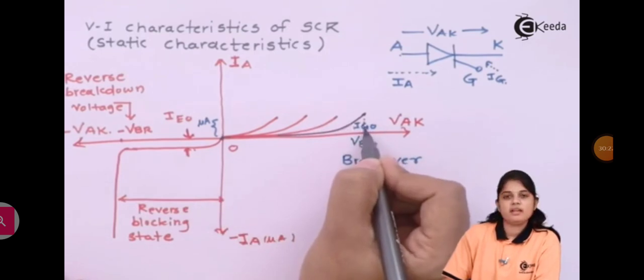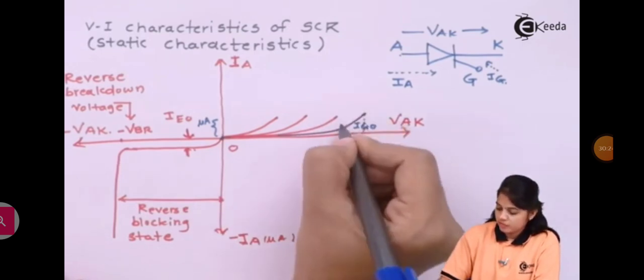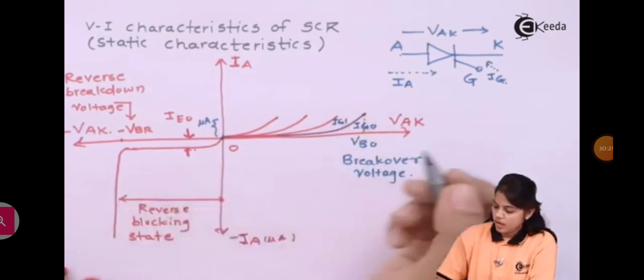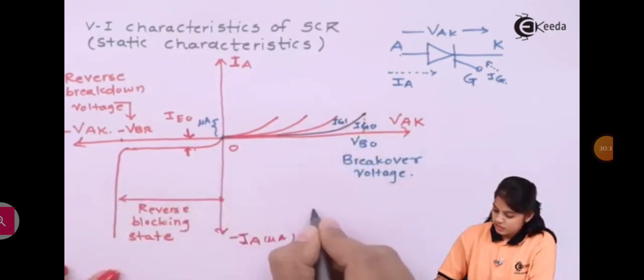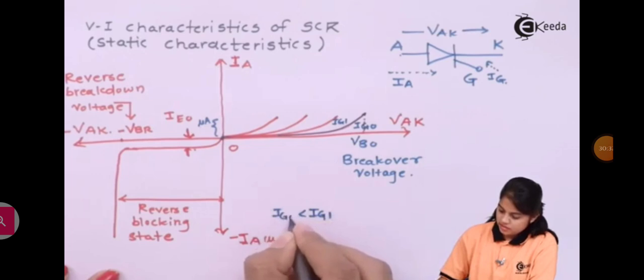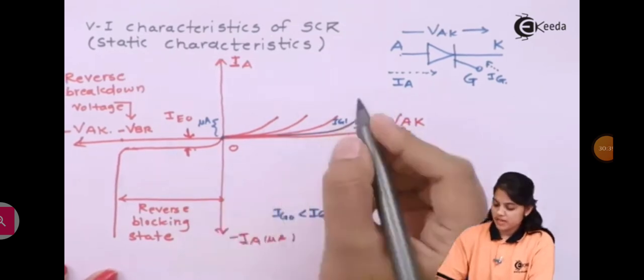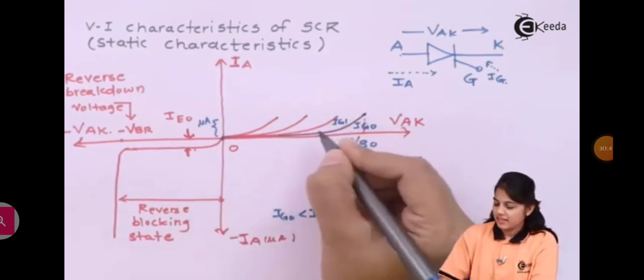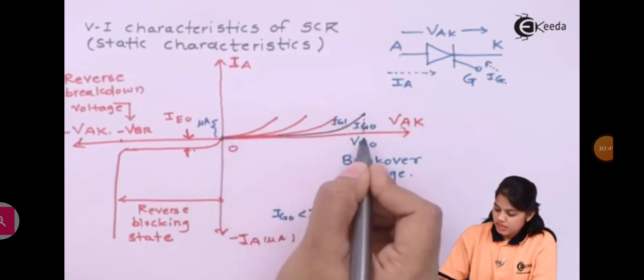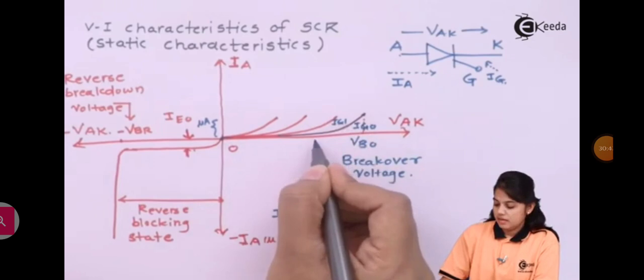Similarly, if I increase the gate current further, now let's suppose this is Ig1, correct? Now I'll write here that Ig1 is greater than Ig0, correct? That means I have provided some current, but at that amount of current also I am getting some graph, but my voltage is reduced.